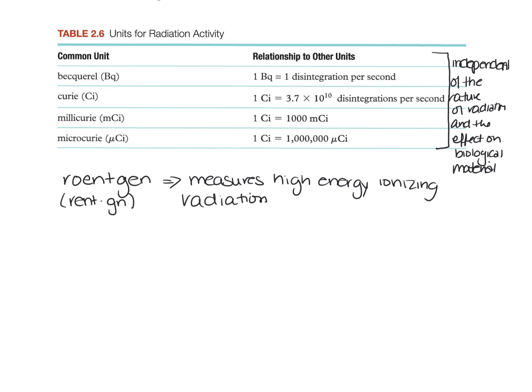It measures the interaction of radiation with air. And that means there's no real info about the biological effect on the tissue, because we're all dealing with the air here.